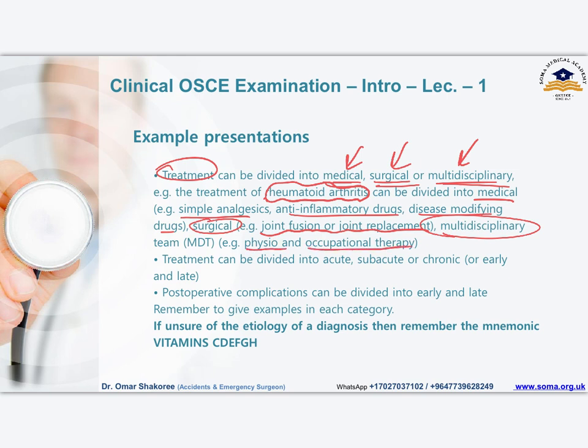Treatment also can be divided into acute, subacute, or chronic, early or late. Post-operative complications can be divided into early and late. Remember to give an example for each category.